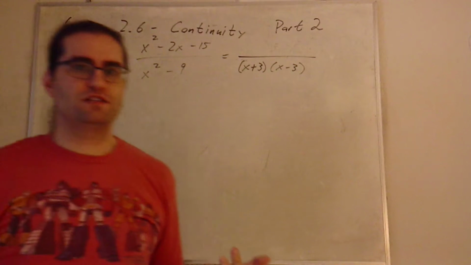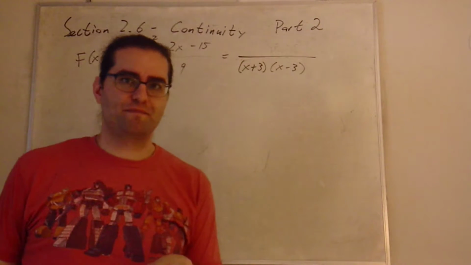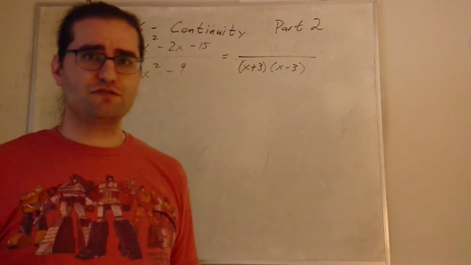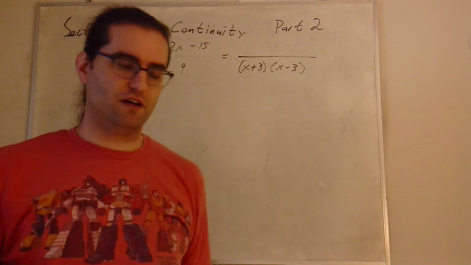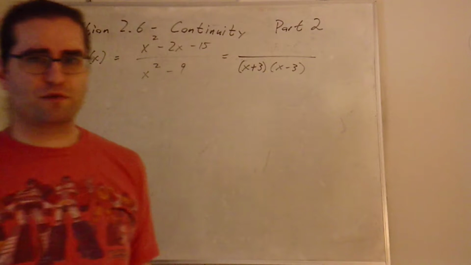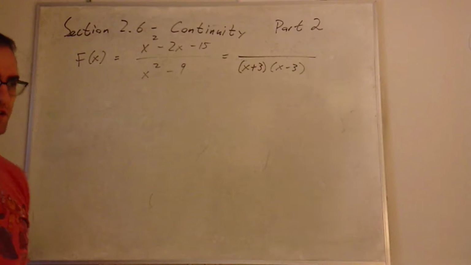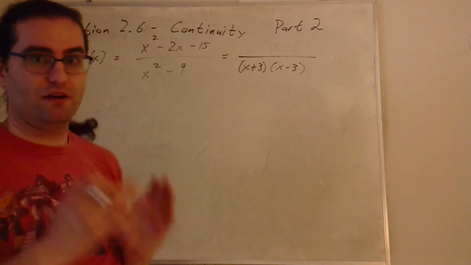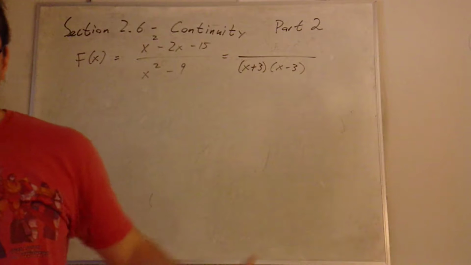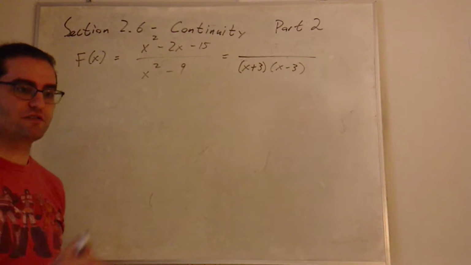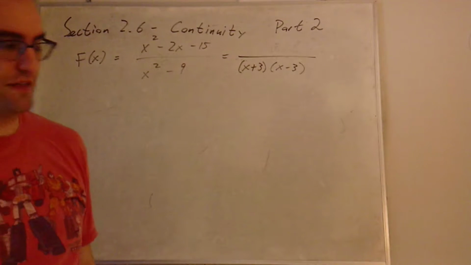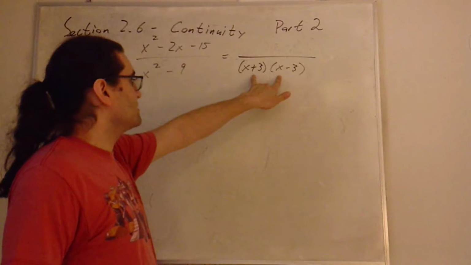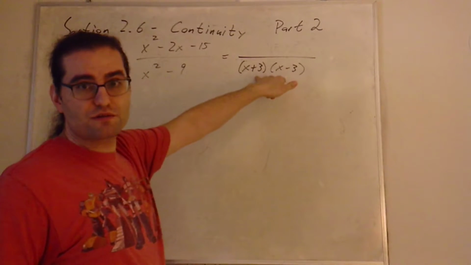Logarithmic functions are continuous everywhere on their domain, so they have those vertical asymptotes, and as long as you stay away from the vertical asymptote, you'll have continuity. But they do have some domain restrictions, so they're obviously not continuous when they don't exist. But as long as a logarithmic function exists, it is continuous at those points. So these discontinuities are going to come from things like zeros in the denominator.